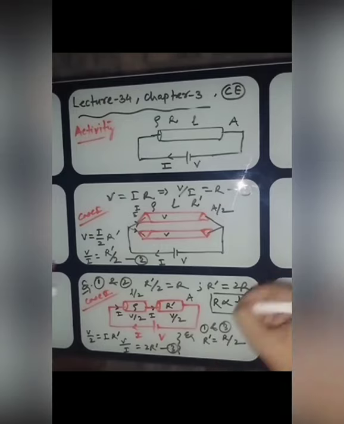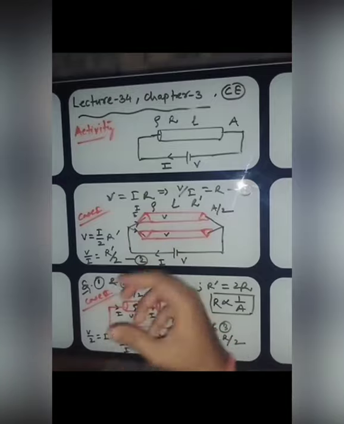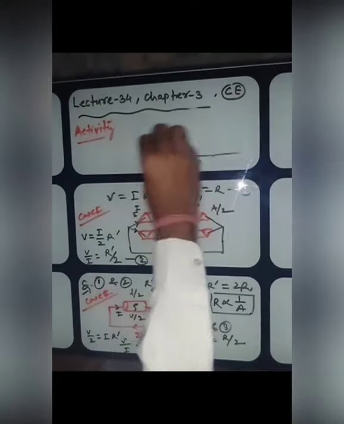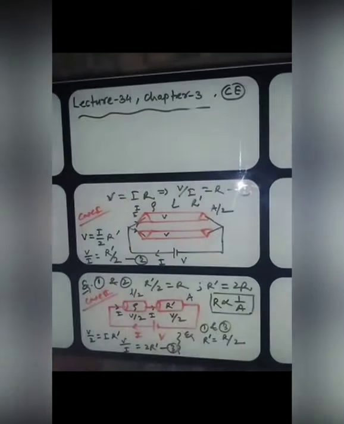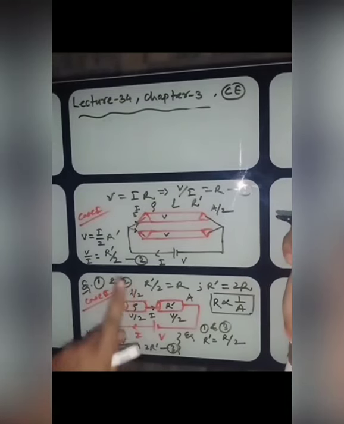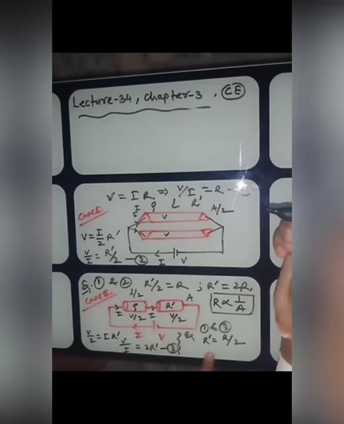What happened, my dear students? Try to find the conclusion over here. So we got the conclusion that if you change the length, resistance will change, of course. By decreasing the length, resistance also decreases. It means if you increase the length, resistance will also increase, keeping the cross-sectional area constant.